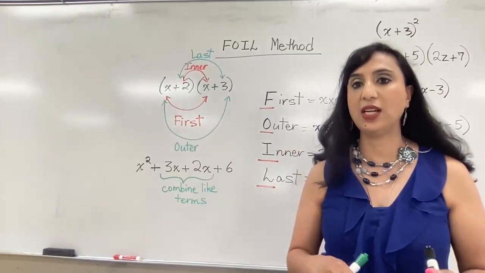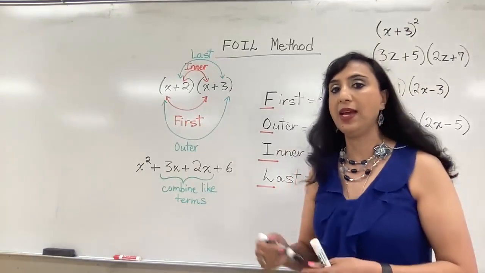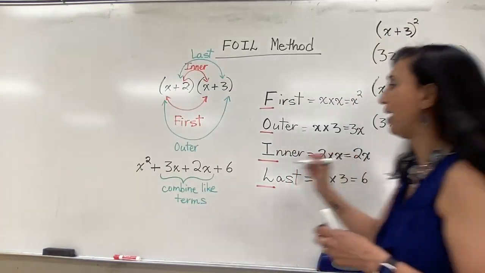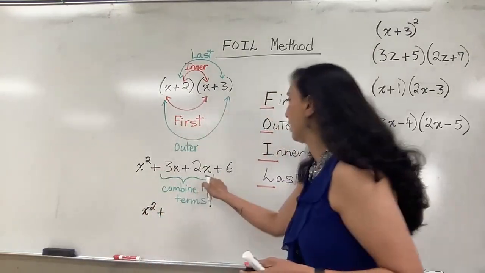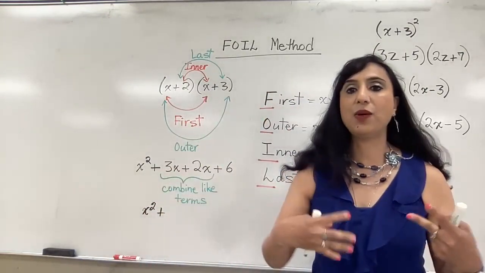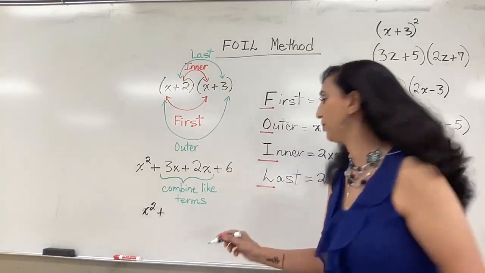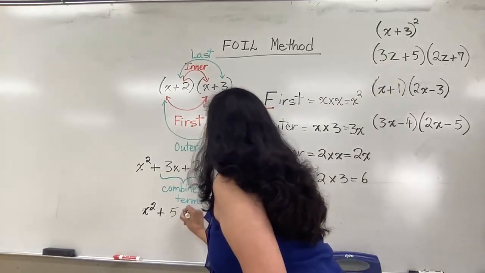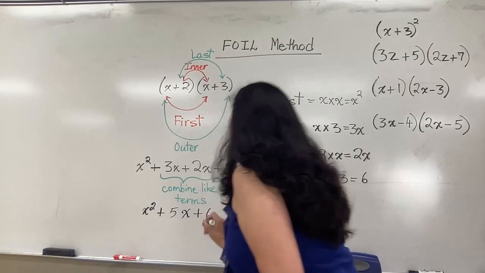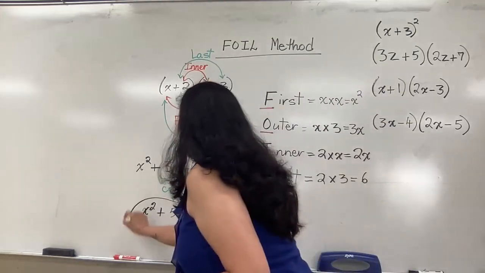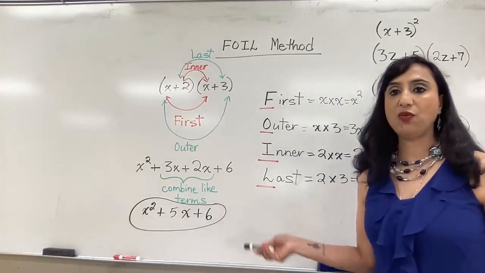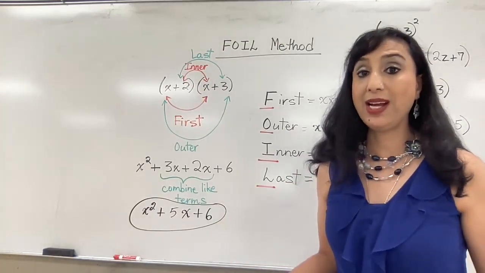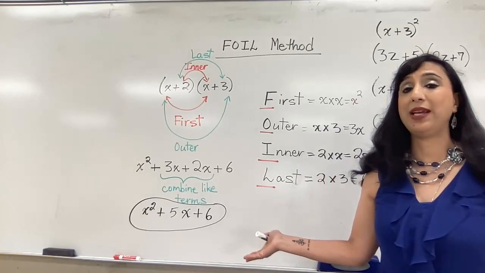If it's subtraction, I will subtract the like terms. In this case, I have x squared plus 3x and another 2x, that gives me 5x, so 5x plus 6. This is going to be my final answer because now everything else is an unlike term. So basically this is what the FOIL method is.